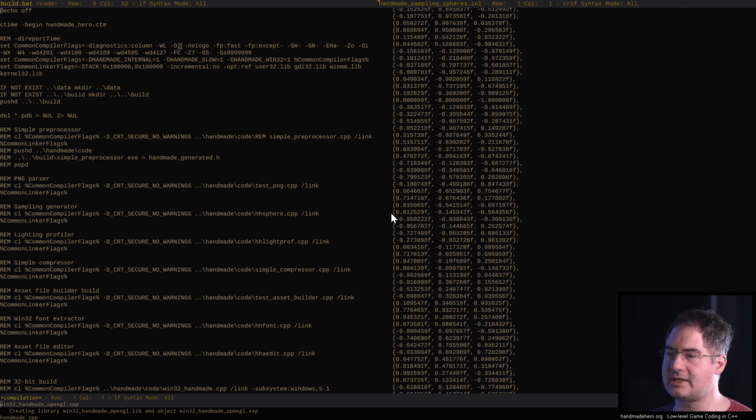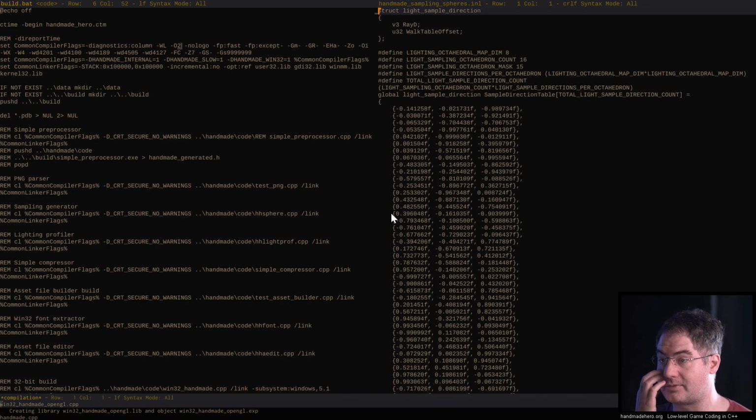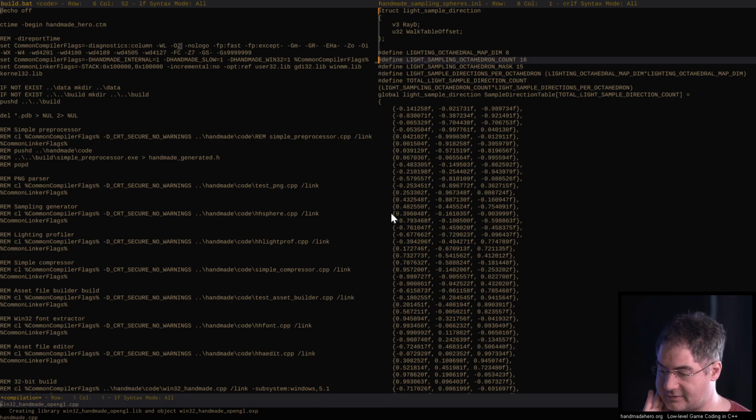But while we're doing it, we also probably just want to rebuild these sampling tables to be a little bit more sensible anyway, right? Because now we know that we're actually just sampling the whole sphere every time. Before we were doing sort of an over time sampling because we were trying to sample a lot more probes.